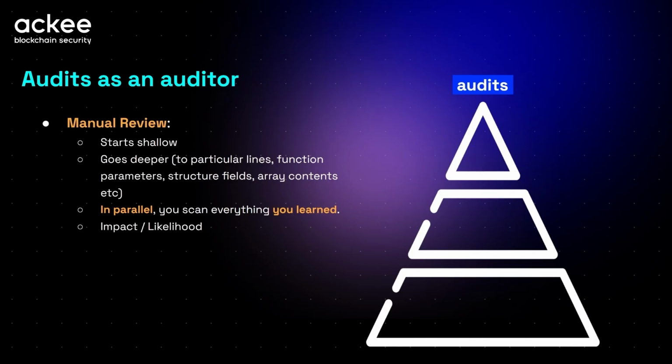Then, when you discover something, you need to think about the impact and the likelihood. It is not like you discovered an issue, it is automatically critical. No, because the issues can be various from smart contract to smart contract. In some smart contract, let's say the reinitialization attack, or I was talking about the signature malleability, it can be critical because it can create double spend.